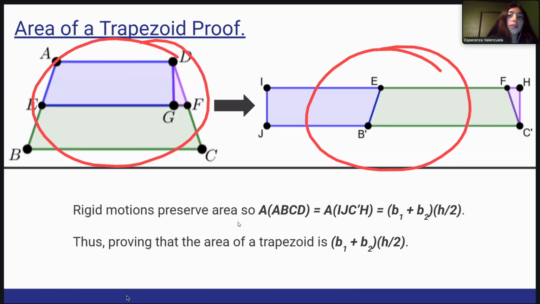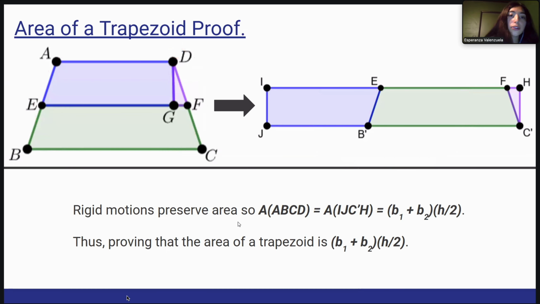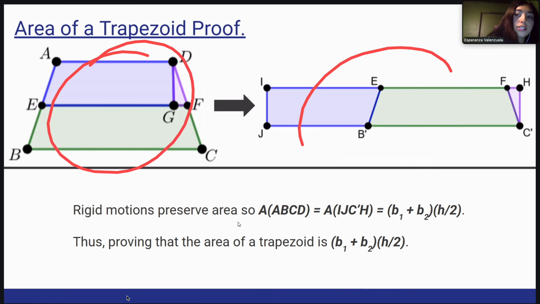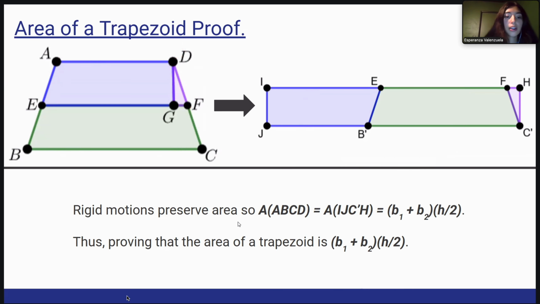Therefore, by the Wallace-Bolyai-Gérin theorem, we know that the area of this trapezoid is equal to the area of this rectangle, which proves that the area of the trapezoid is b1 plus b2 times h over 2, and that concludes the dissection proof of the area of a trapezoid.